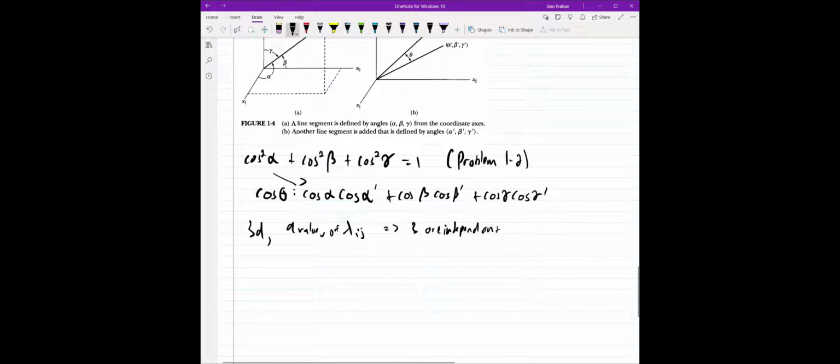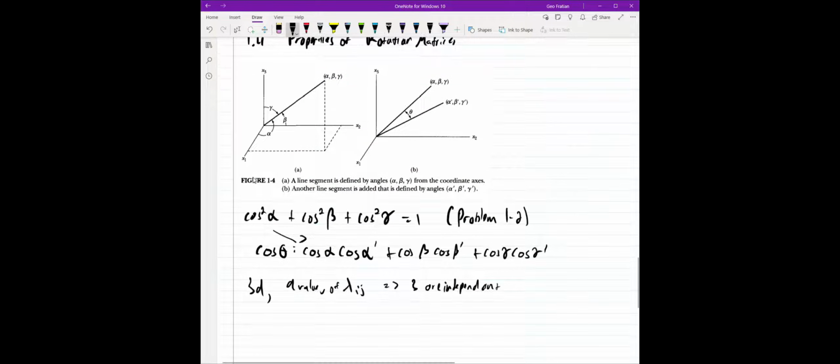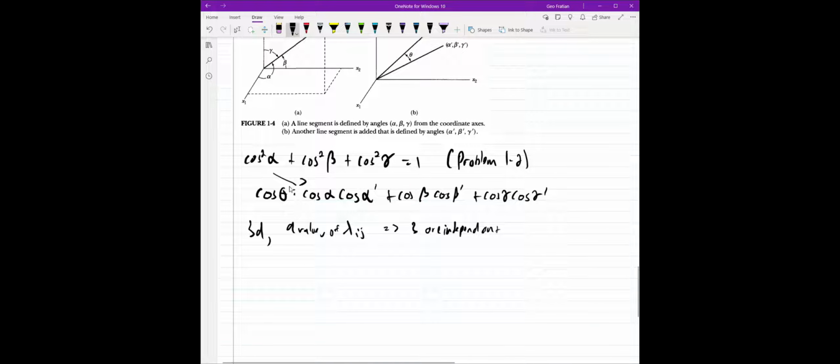Because the angle between the x1 prime axis and the x2 prime axis is pi half, actually any axis like that is pi half because they're always orthogonal to each other, which I'll get into what that means. Between any axes, if we have our normal axes, this is a right angle with that, this has a right angle with that, and this has a right angle with that, right? That's kind of what orthogonal means. But we can write lambda 1,1 lambda 2,1 plus lambda 1,2 lambda 2,2 plus lambda 1,3 lambda 2,3.